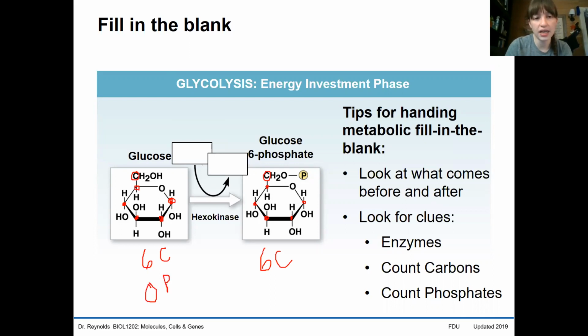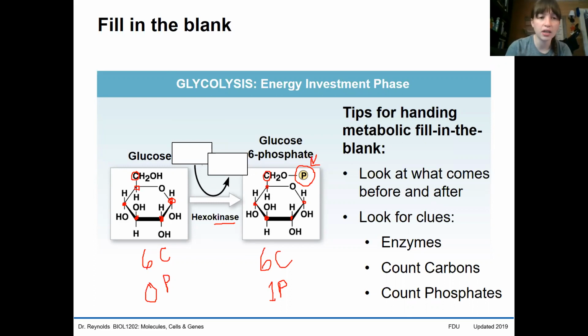But this is a kinase, so I'm paying attention to the fact that now I have a phosphate in my second molecule. And so something has to happen, has to occur, that's going to add a phosphate here. Well, phosphates can't appear or disappear.